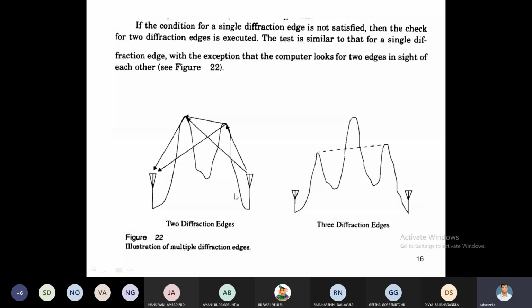In this Okumura model, we have to calculate the median attenuation relative to free space, that is AMU. AMU is nothing but median attenuation relative to free space. Next, HTE, the effective antenna height, is 200 meters, and the mobile antenna height HRE is 3 meters.